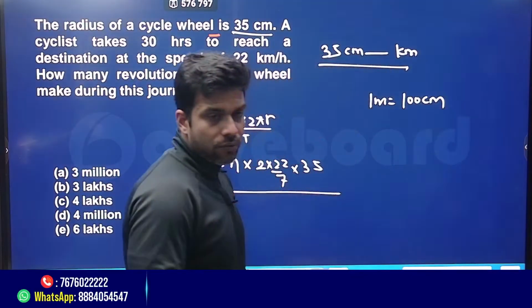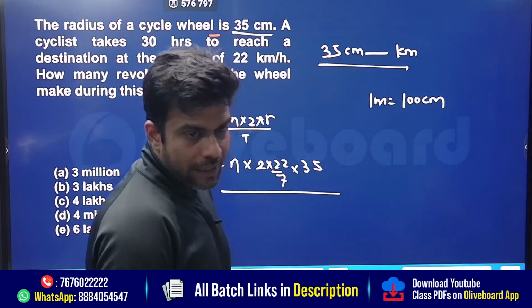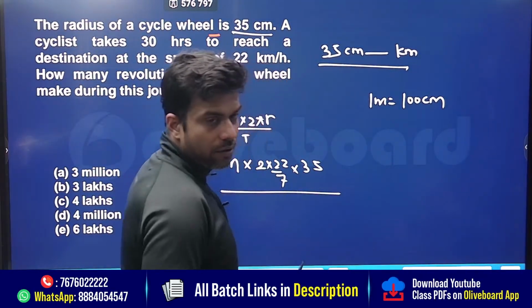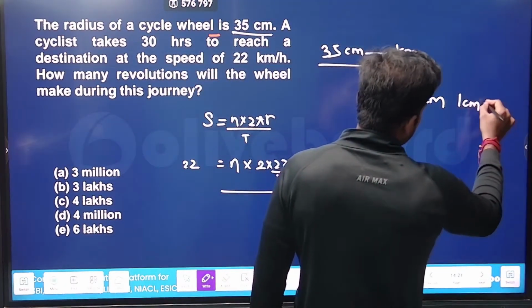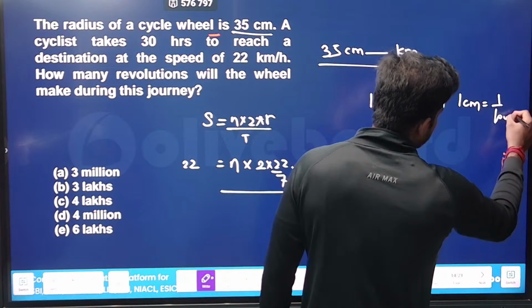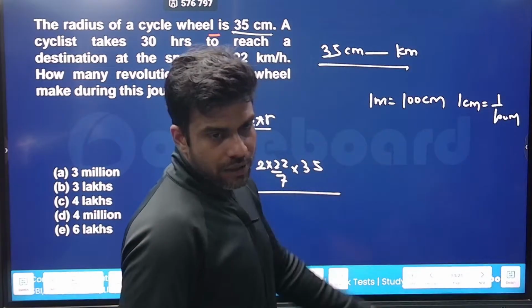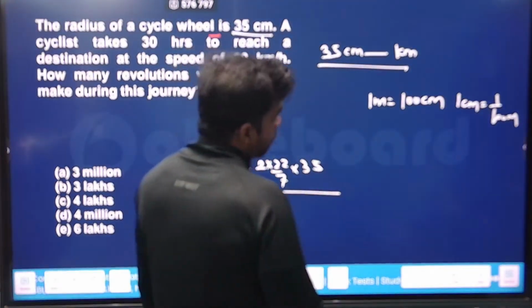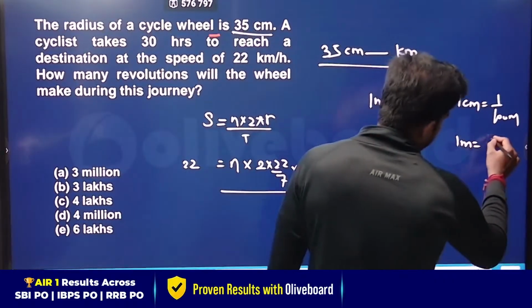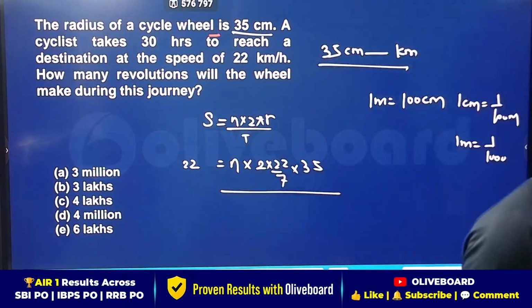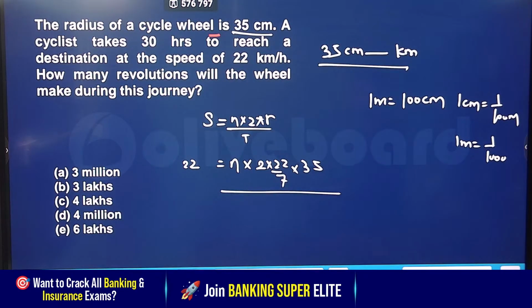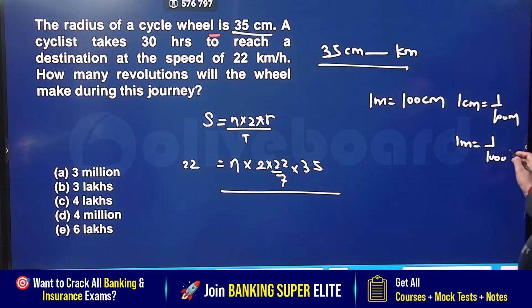This everybody knows. So 1 centimeter is 1 by 100 meter. From this logic, can I also say that 1 meter would be equal to 1 upon 1000 kilometers? Is this clear?